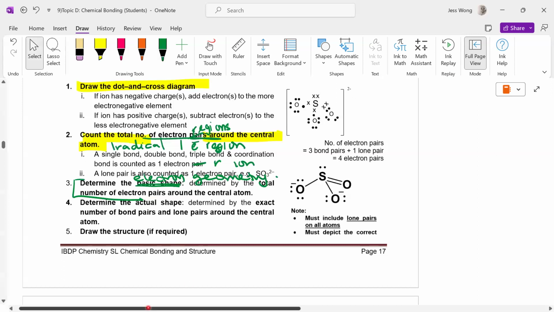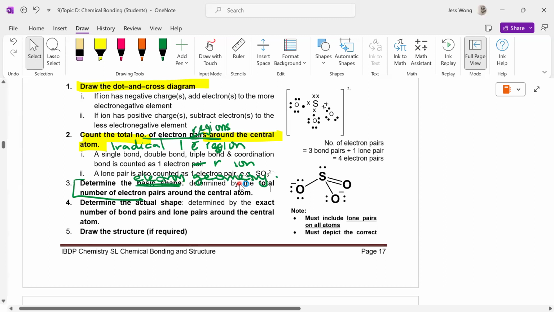So determine the electron geometry first, and the electron geometry will give us an idea how to arrange the electron regions. So in this case, let's say sulfur, it has 1 region, 2 regions, 3 regions, 4 regions. So I will make use of 4 to find out its electron geometry first.